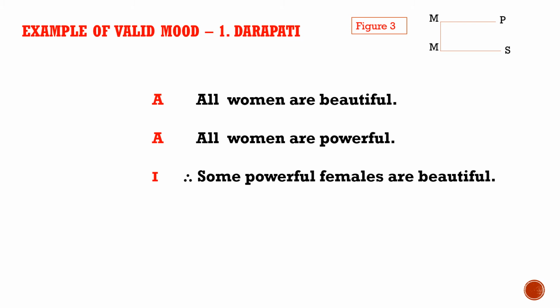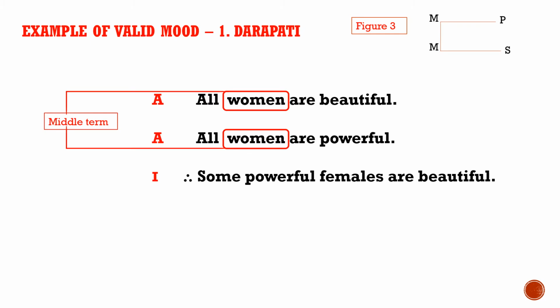Here woman is the middle term, powerful is the subject term and beautiful is the predicate term. This argument of categorical syllogism does not violate any rules of syllogism. Hence, it is a valid mood, and it is called Darapti, AAI combination.